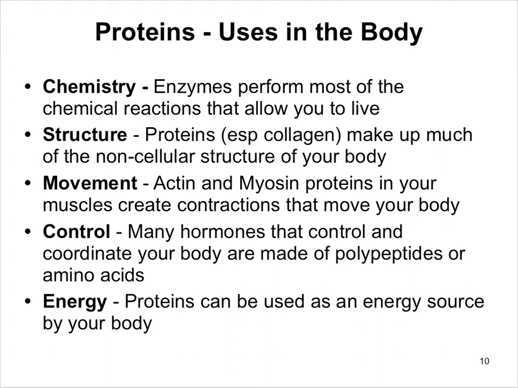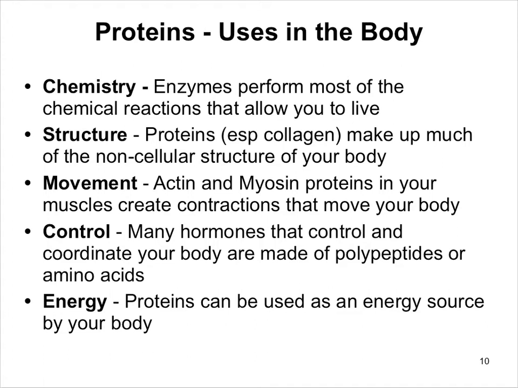In terms of how proteins are used in the body, the primary way that we're going to talk about is chemistry. About half the proteins used in your body are used to make enzymes. An enzyme is a biological macromolecule, typically a protein, but not always, that can perform a chemical reaction.